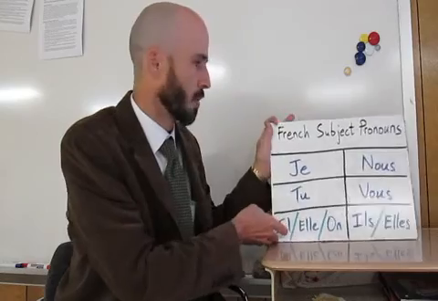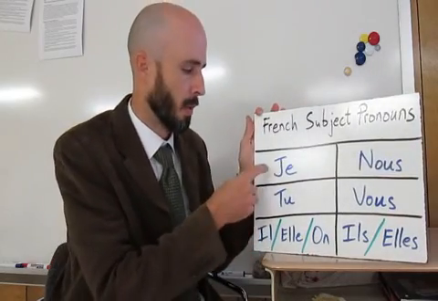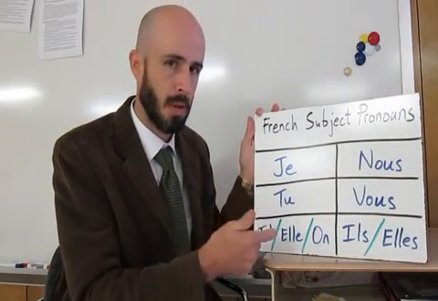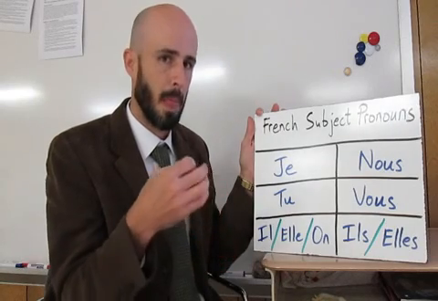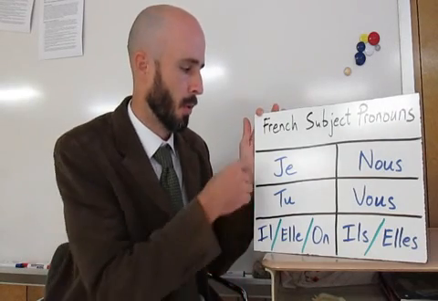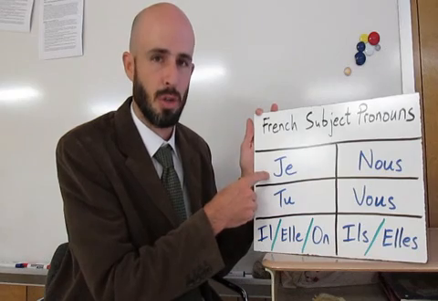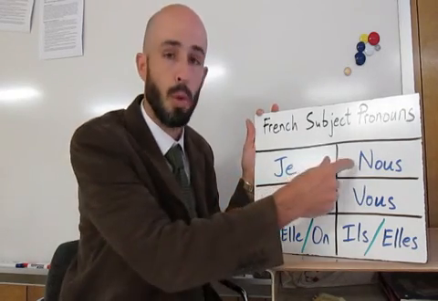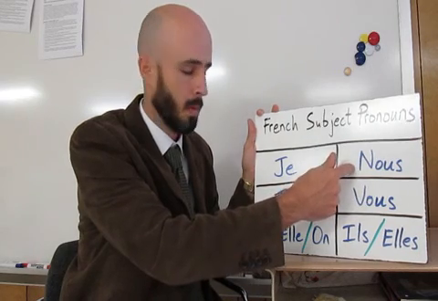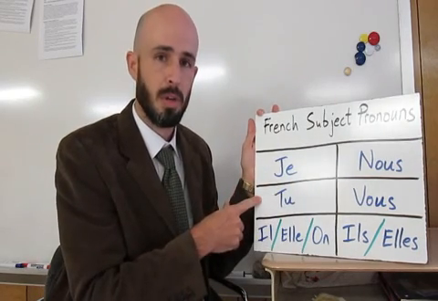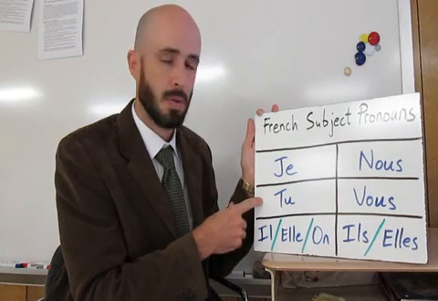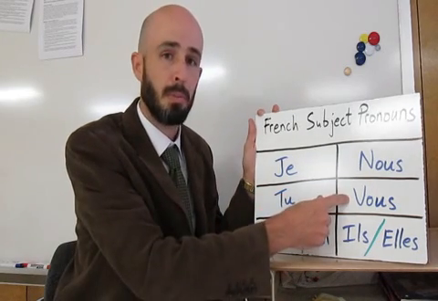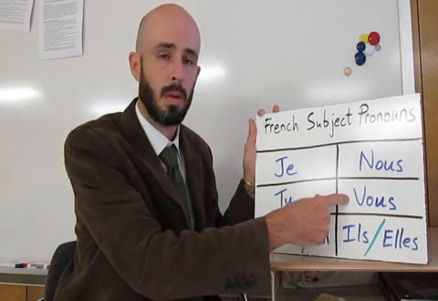Okay, so the subject pronouns refer to the people or things that are doing the action described by the verb. The first person singular is je. First person plural, nous. Second person singular, tu. Second person plural, vous.